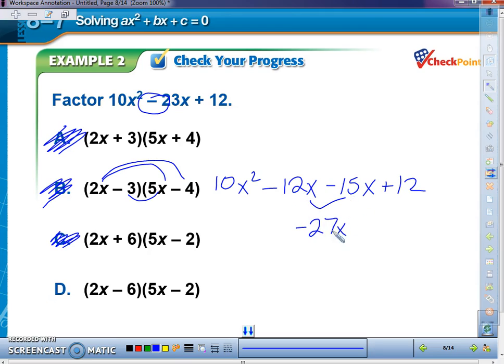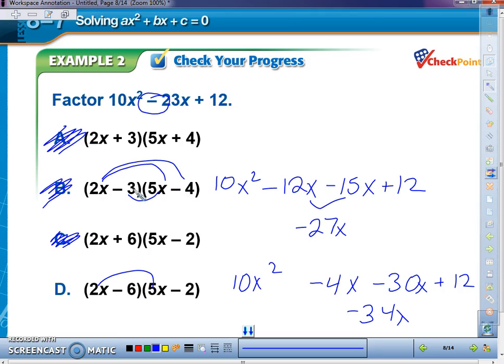I'm looking, making sure I didn't make a mistake here. Okay, we're good. All right, so right here, I've got 10x squared. Right here, I've got negative 4x, negative 30x, and then plus 12. So looking here, this gives me negative 34x. Coach Hammock must have made a mistake. What was it?